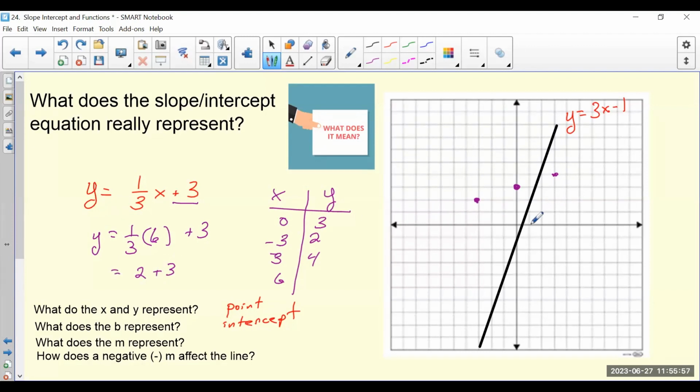So if I go out 1, 2, 3, 4, 5, 6, and up 1, 2, 3, 4, 5.